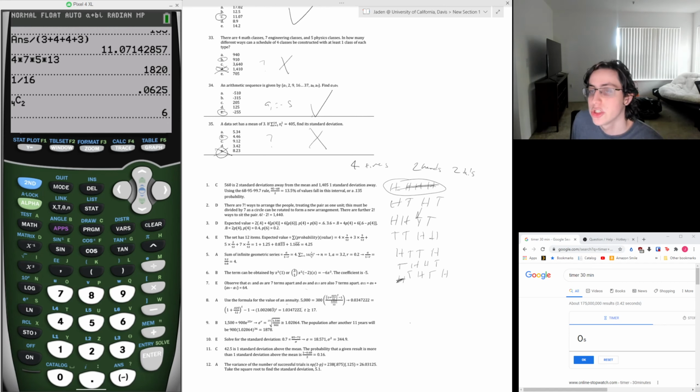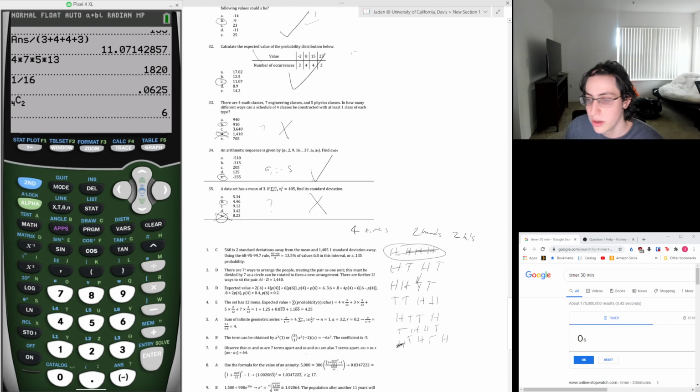So in this case, for 35, I was assuming, oh yeah, you choose a math class, you choose an engineering class, you choose a physics class, and then you choose one of the rest. But it's like, how do I put this? 4 times 7 times 5 times 13, which is what I originally did, is slightly different than assuming that it doesn't matter the order in which you pick this, you know?